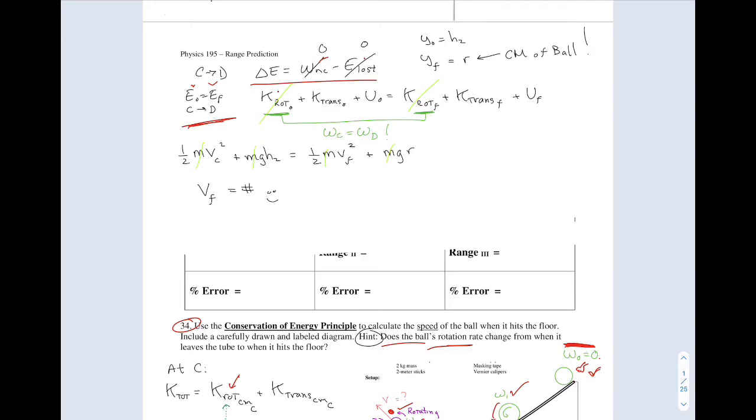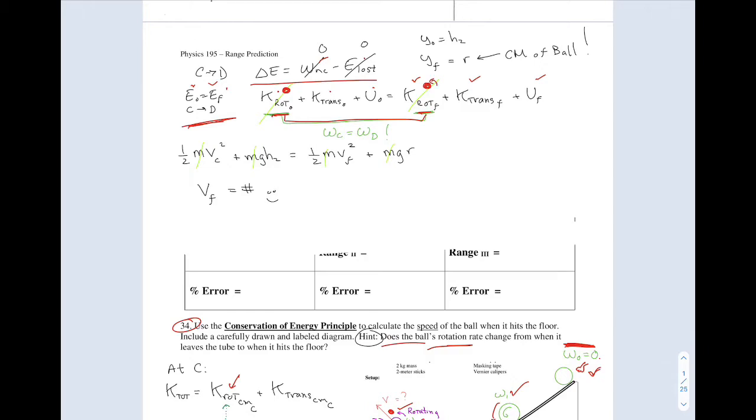I wrote down all my energy terms. I have K initial for rotation, the initial translational kinetic energy, and initial potential, this is when it leaves the tube. And then E final is when it hits the ground. I have the rotational kinetic energy final, the translational kinetic energy final, and the final potential energy. Remember, the rotation rate can't change in the air. So the rotational kinetic energy when it leaves the tube is the same as when it hits the ground.